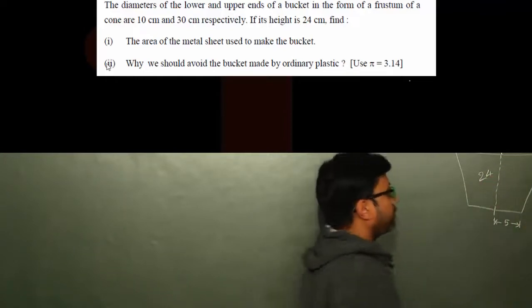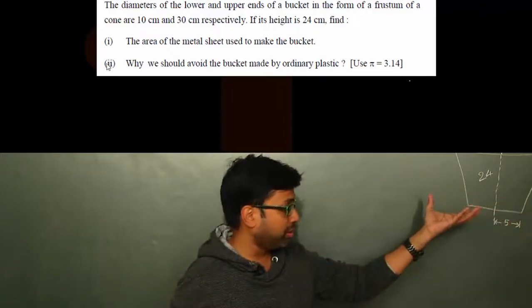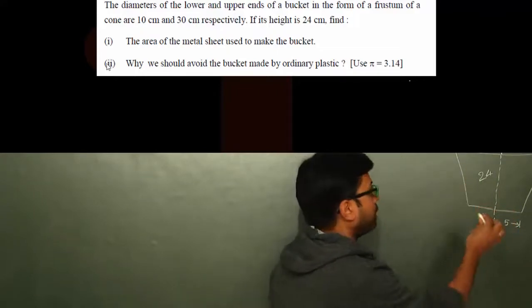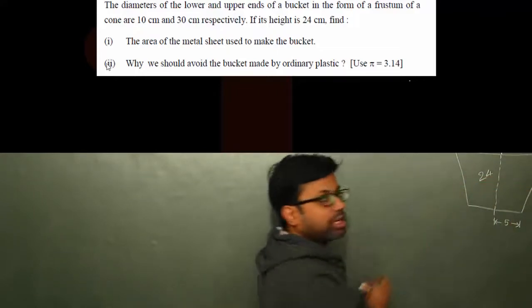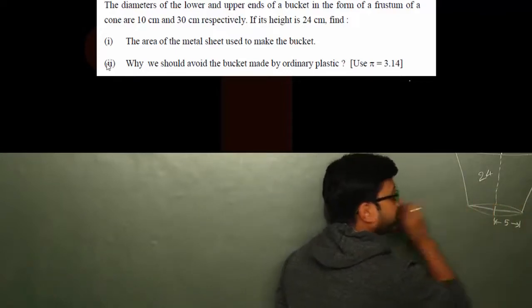You have to first find out the area of the material, the metal sheet that will be used to build this bucket. So the area of the metal sheet will be the total curved surface area of this frustum plus the bottom circular area.